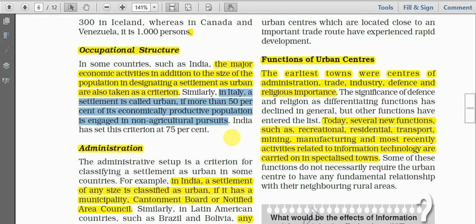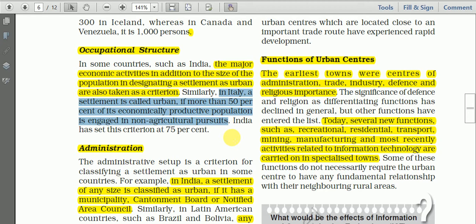That means in case of India, if the percentage of non-agricultural pursuits to the total economically productive population is 75%, that means if 75% of the population in a settlement is engaged in non-agricultural pursuits, then we call it urban.